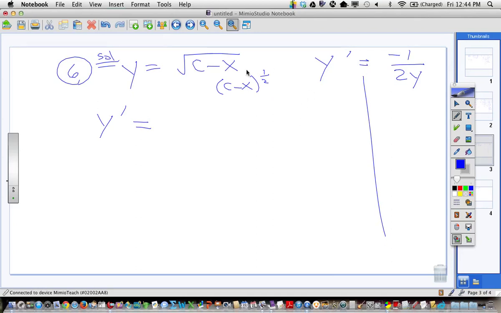So when I do this derivative, I bring the 1/2 down in front, leave the inside alone, drop that to negative 1/2, and you guys that were here this morning, we got to kick out a negative 1. Why? Let's think back to sine 2x.